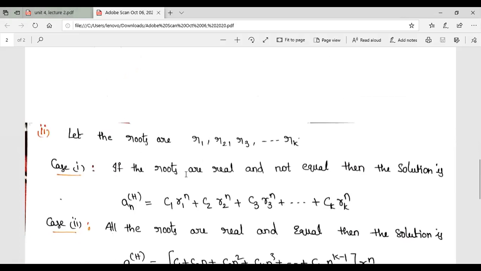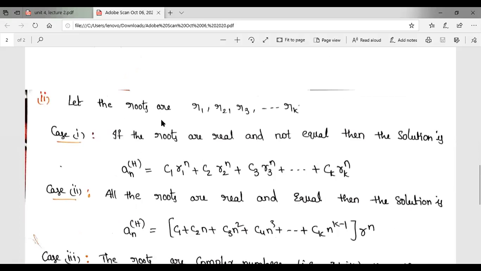Next, let's find the roots of the characteristic equation. So we get the roots r1, r2, r3 and so on rk. Here three cases arise.